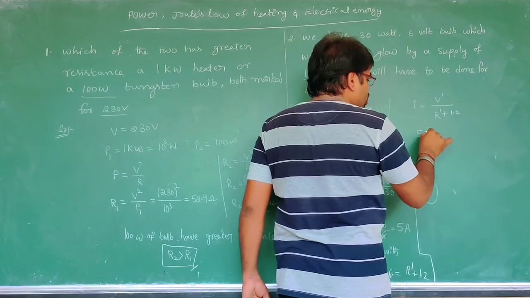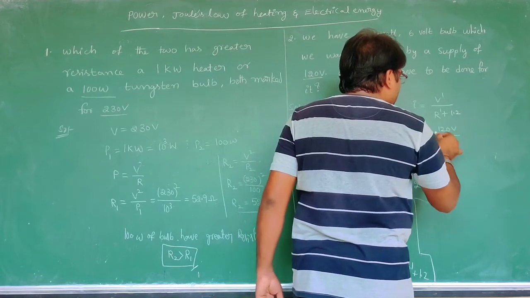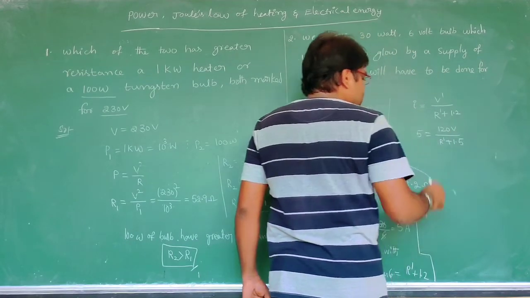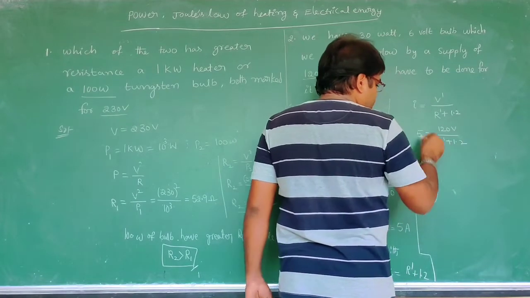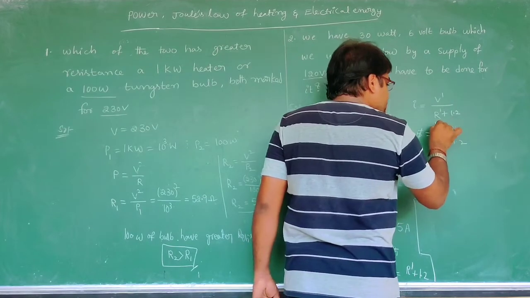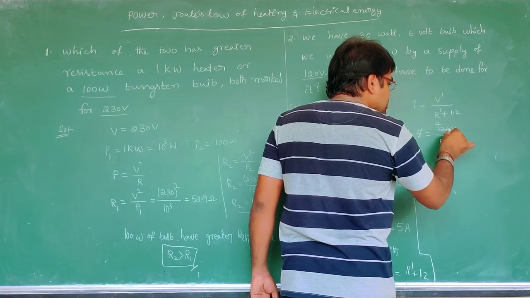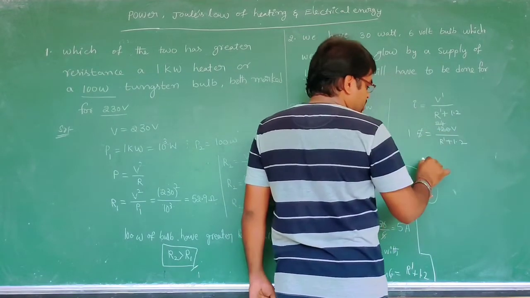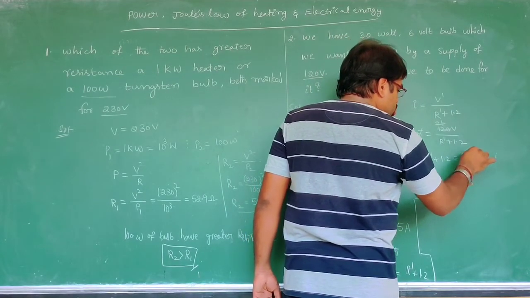Then 5 is equal to 120 by R dash plus 1.2. Cross multiplying, R dash plus 1.2 is equal to 24.